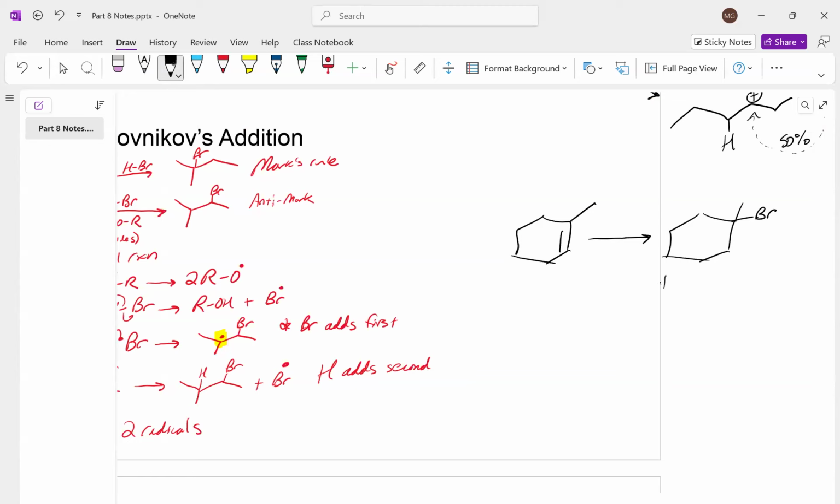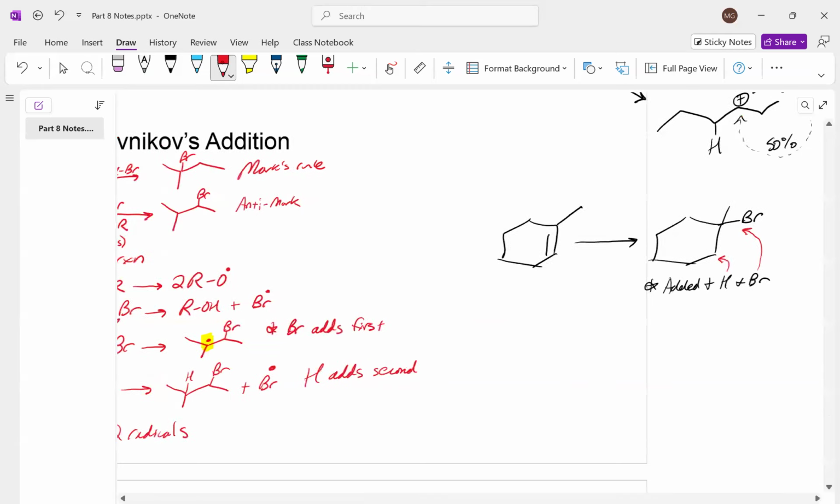Okay, well, we know we added an H and a Br. Question is, how did we add it? Well, the hydrogen went here, and the bromine went there. Hydrogen went to the less substituted carbon, bromine went to the more substituted carbon.